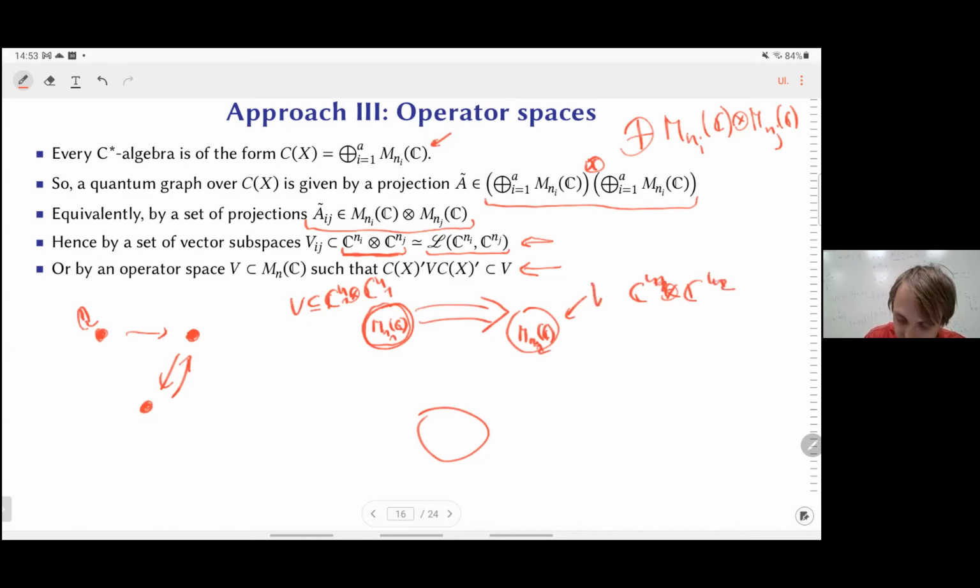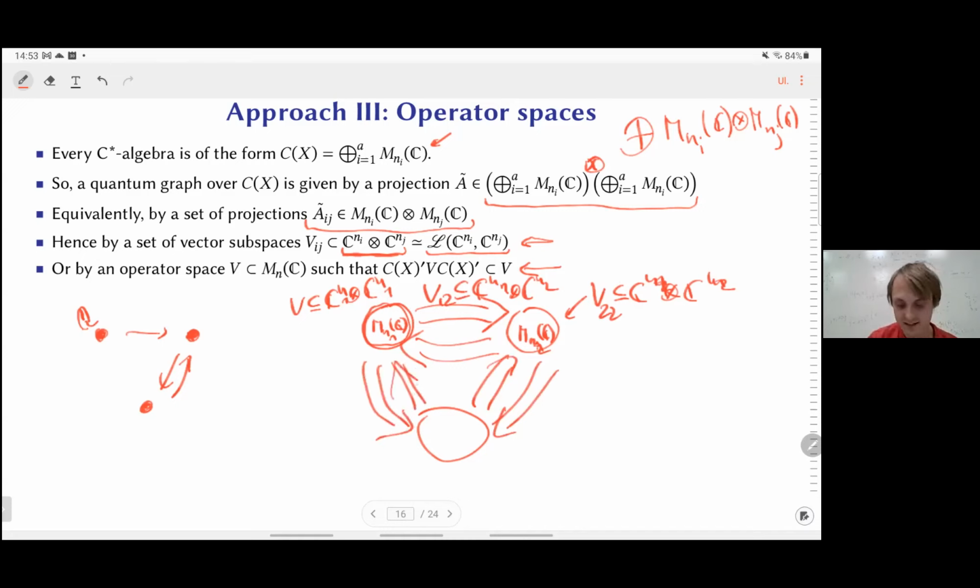This is maybe V_{2,2}, and this is maybe some V_{1,2} inside C^{n1} tensor C^{n2}. So this is again some vector space characterizing all those edges here, and you have this for every pair of those quantum vertices.